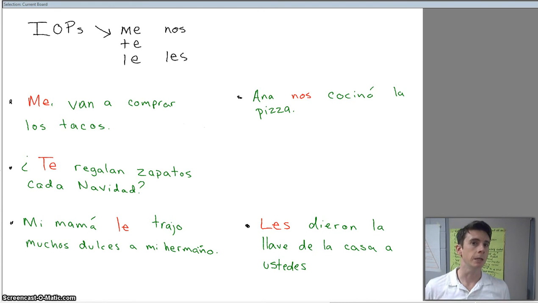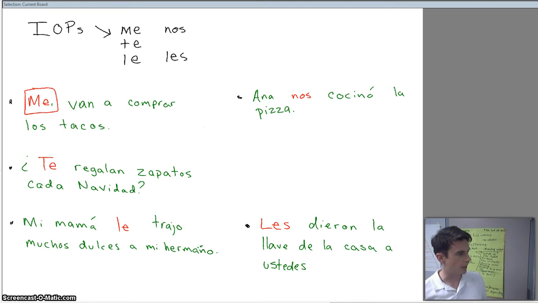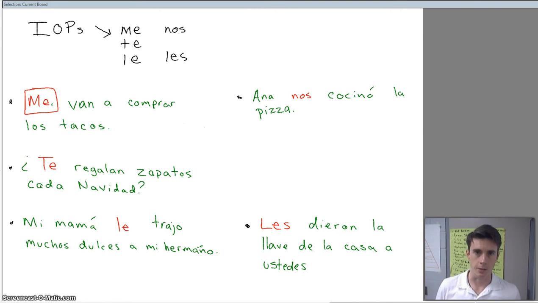It's really easy to see who is going to receive the tacos, who is going to benefit from the tacos there. It is me. So they're buying the tacos for me. Let's take a look at the second one. It's a question. ¿Te regalan zapatos cada Navidad? Well, what are they giving as a gift? Good.